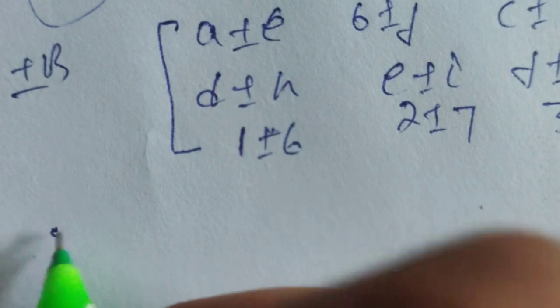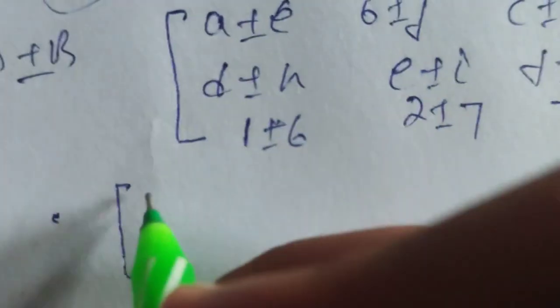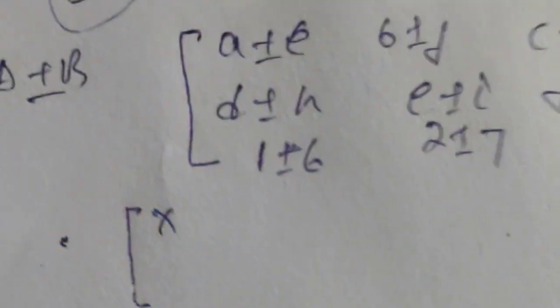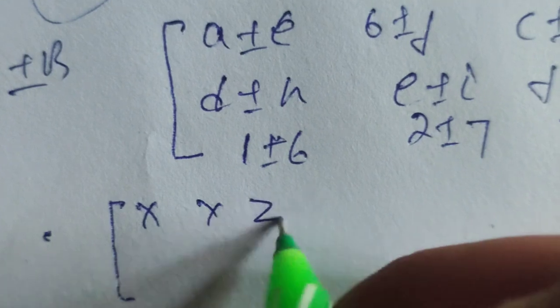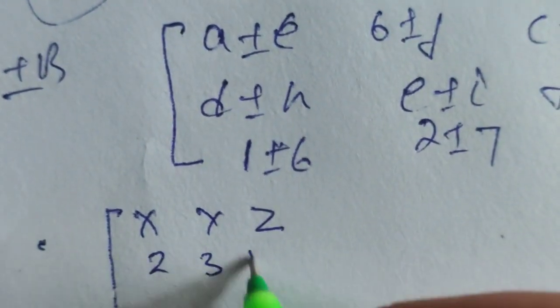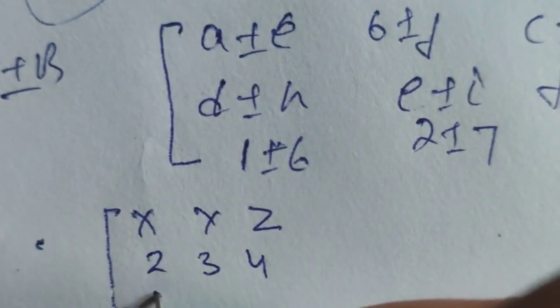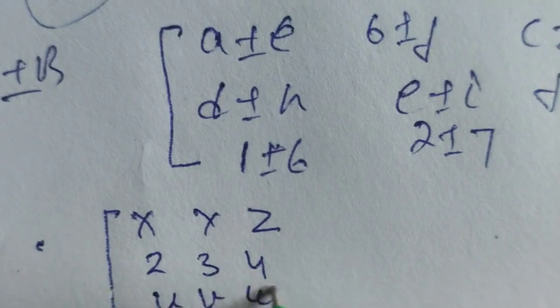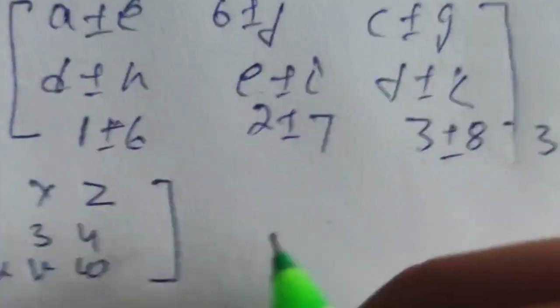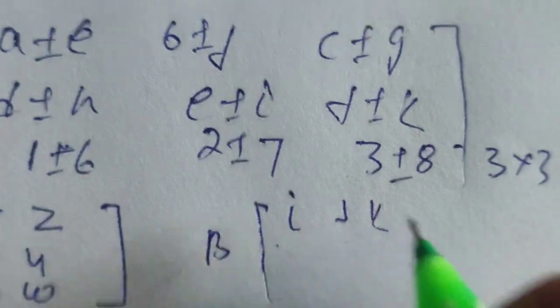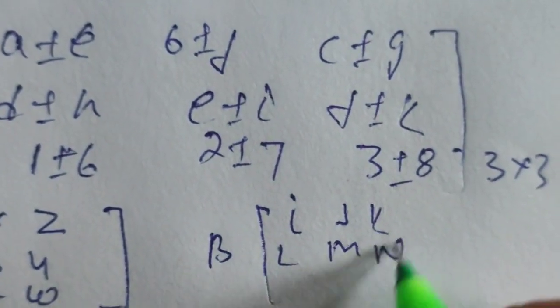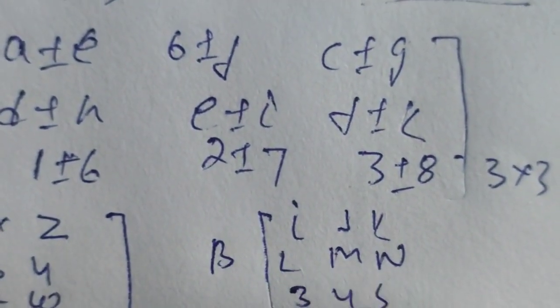In the next class we will talk about multiplication, and I am giving you some questions. Matrix A is X Y Z, 2 3 4, and U V W. Matrix B is I J K, L M N, and 3 4 5.